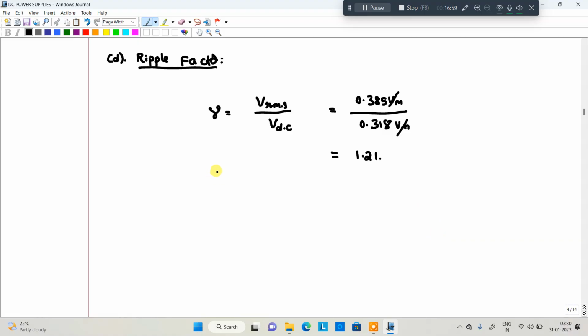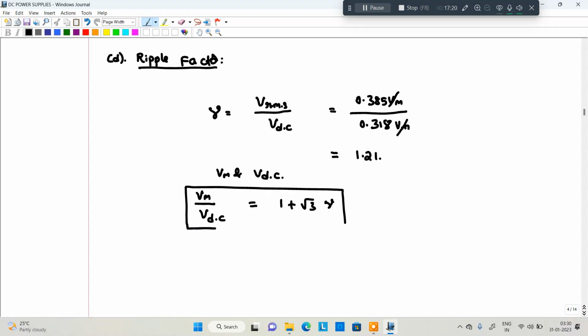You know the relation between Vm and VDC: the maximum value divided by the DC value, that is the average value, is equal to, in terms of gamma, 1.3. Also remember that. Maybe they will ask the question directly.